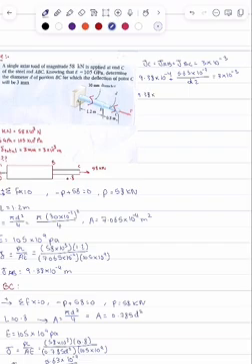Multiplying by D2: 9.38 times 10 power minus 4 D2 plus 5.63 times 10 power minus 7 equal 3 times 10 power minus 3 D2.